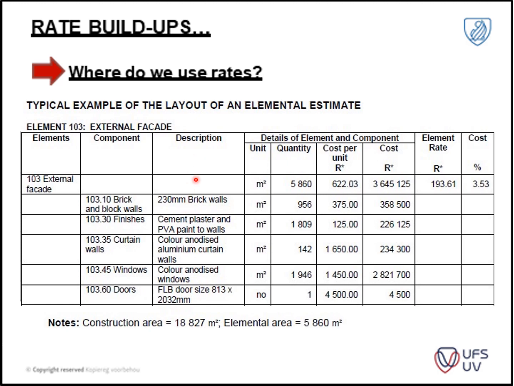So in your description, you differentiate between different units and the rate build-ups that will be conducted underneath them. You will see brickwork is measured as a per square meter rate, but you might have the instance where you have to include your reinforcing or brickforce, which is usually measured in meters and with the size provided for it.